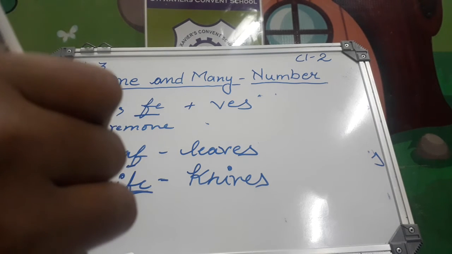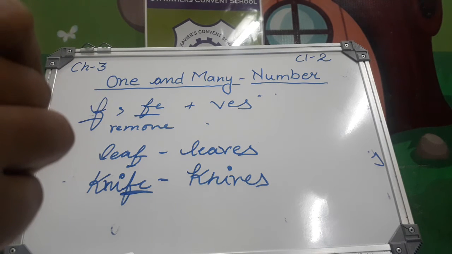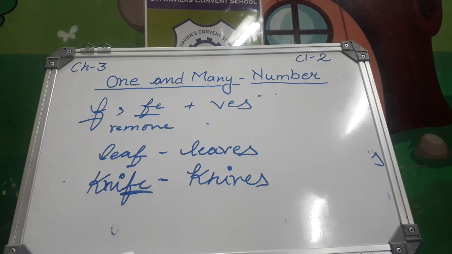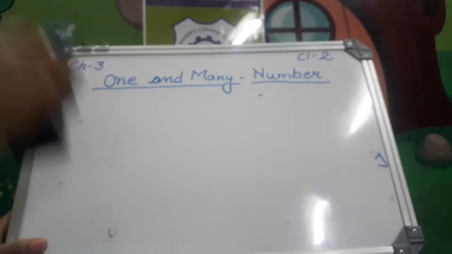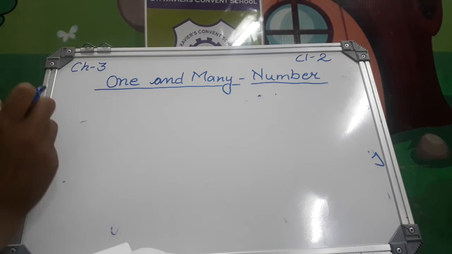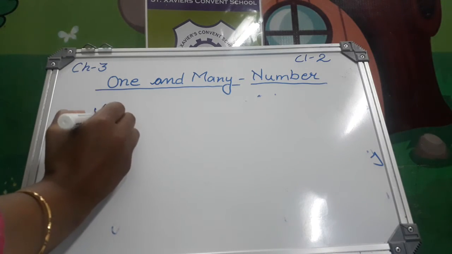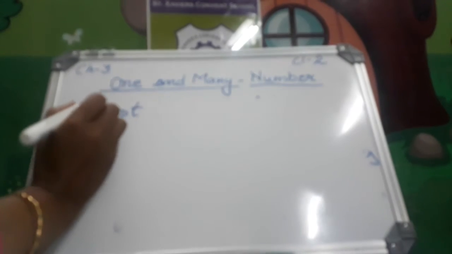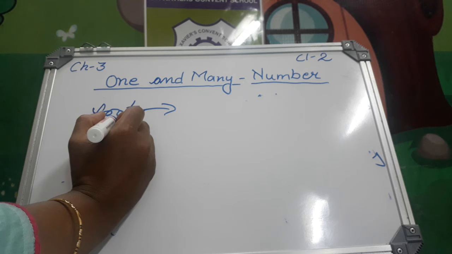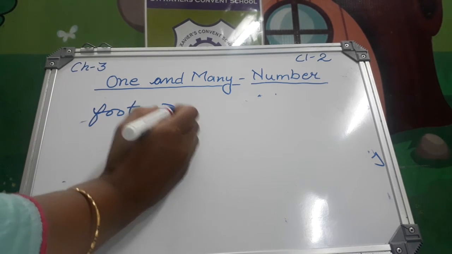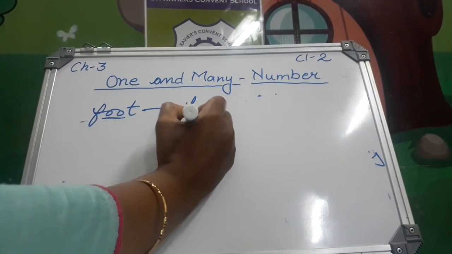In some words only the vowel changes to make them plural. Here we change vowel. How to change? Now look here. In this noun, for example, foot, when we convert this singular noun into plural, we will change the vowel letters.